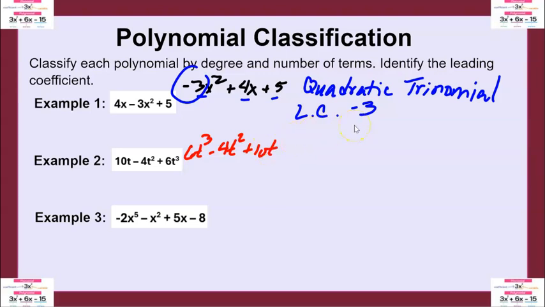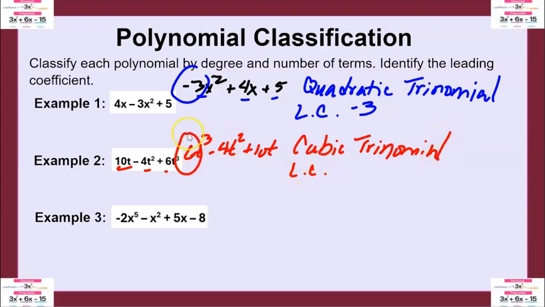This has a degree of 3, so that's cubic. I have 3 terms here, so that's a trinomial. And the leading coefficient, the coefficient at the beginning, is 6.